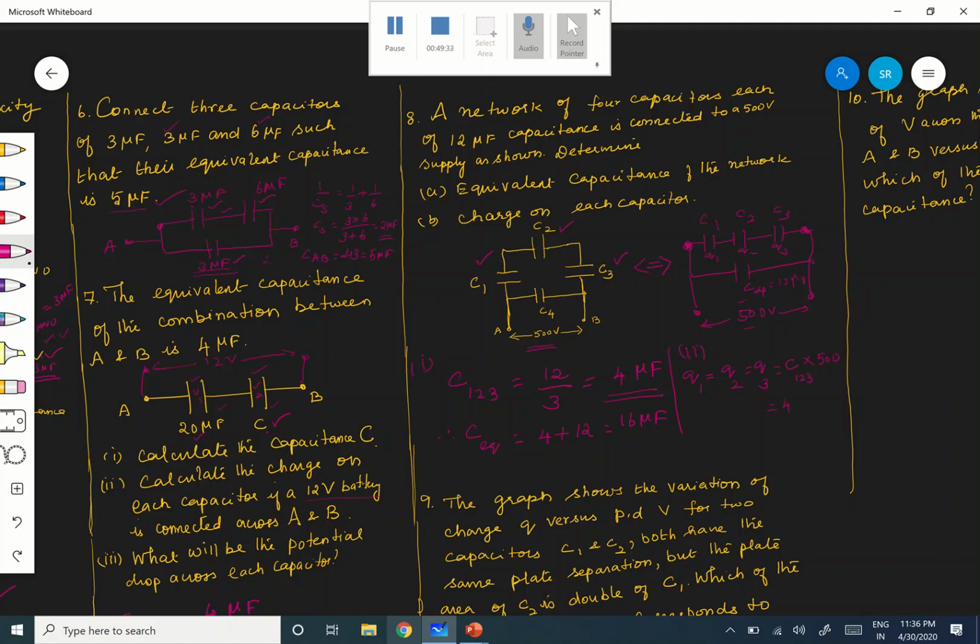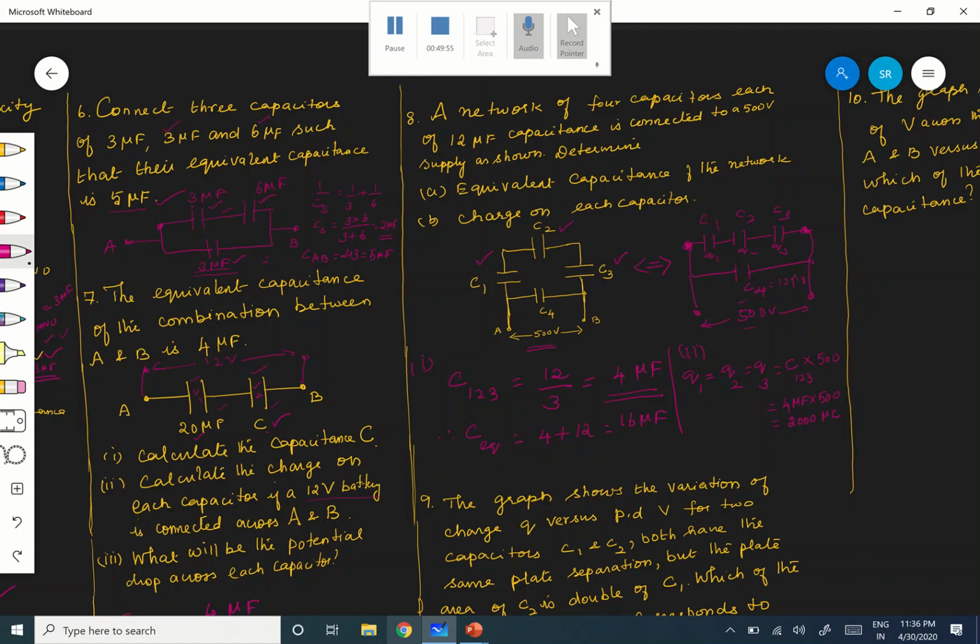Therefore, 4 microfarad into 500. I made a mistake because I should have left more space. Anyhow, no problem. Therefore, it is 2000 microcoulomb. Correct? Q1, Q2, Q3 is equal to 2000 microcoulomb.